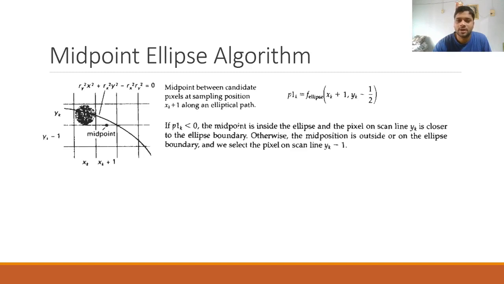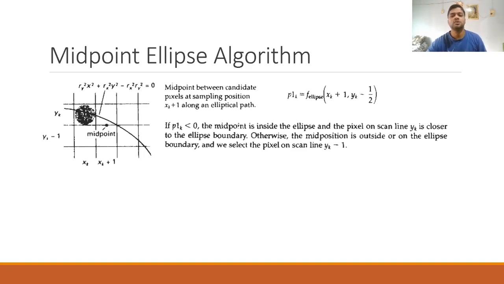If this p1k is less than 0, the midpoint is inside the ellipse and the pixel on scan line yk is closer to the ellipse boundary. That means the point is inside the ellipse, and then we are not going to decrement y, we will stay with the y coordinate as yk.